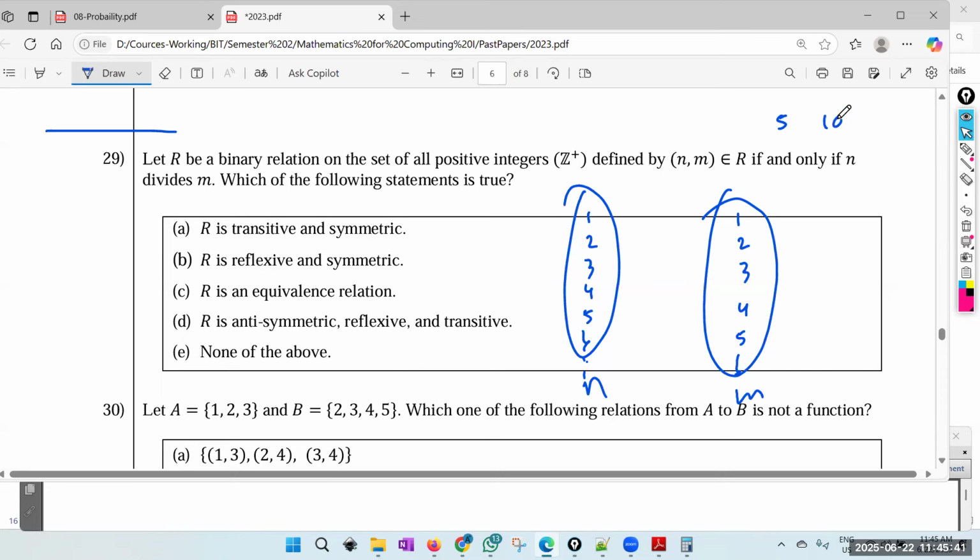But 5 doesn't divide 11. But 1 divides everything, right? That's a very special case. Then 2 divides 2, 4. Okay, let's use a different color. It's a tough question.